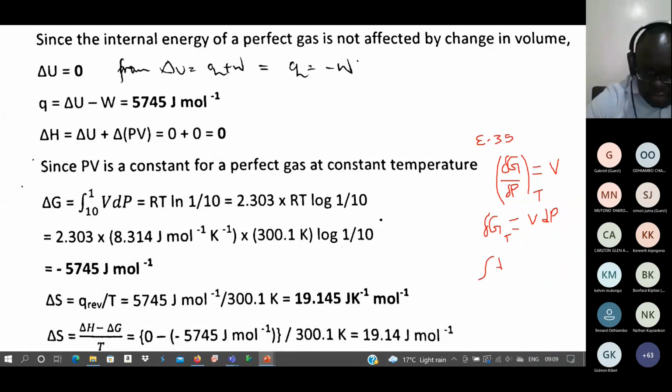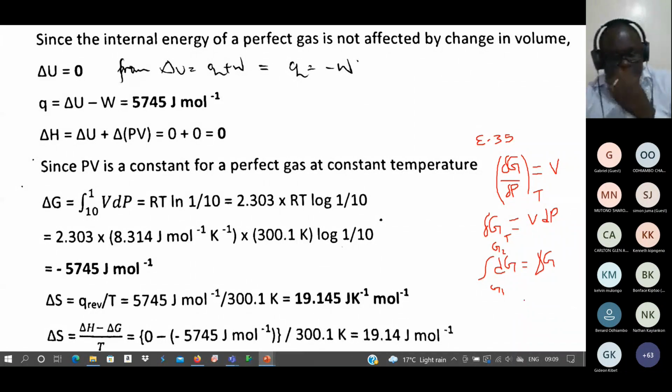When you integrate this dG from G1 to G2, you end up with delta G. And when you're talking about G1 to G2, you're talking about the changes in pressure from 10 atmospheres to 1 atmosphere.